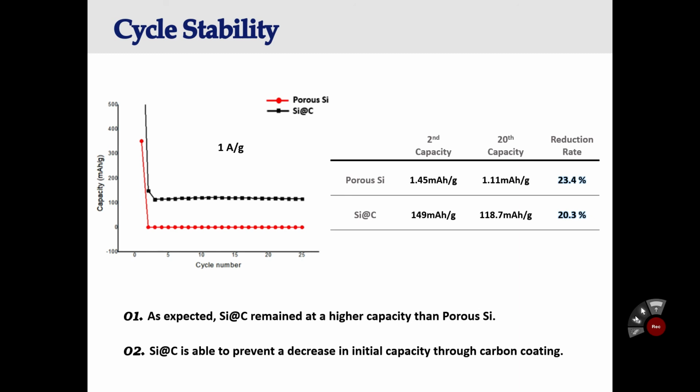The 20th cycle was 1.11 and 118.7 milliampere-hours per gram, respectively. The reduction in capacity was 23.4% and 20.3%, indicating that silicon with carbon coating had a smaller reduction in capacity. Carbon coating can prevent the reduction of initial capacity.